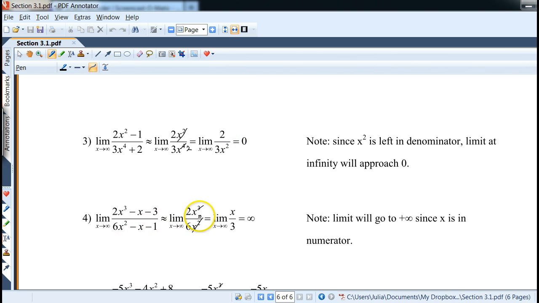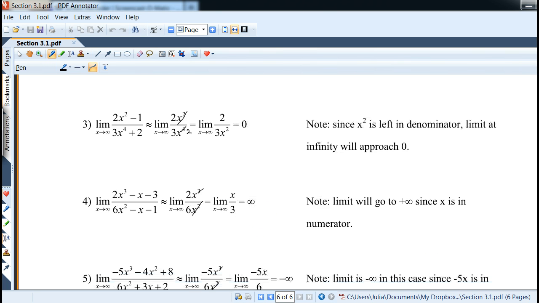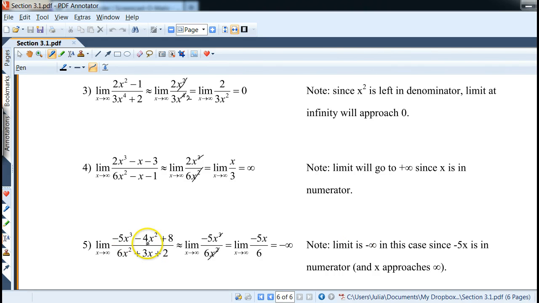On the other hand, if x is left in the numerator, like in number 4, then it's going to go to the same infinity that x is going to. If it's positive infinity, then it's positive, unless you have a negative in front of it. Notice in number 5, it's a similar situation, but you're left with negative 5x over 6. Now, x is going to positive infinity.